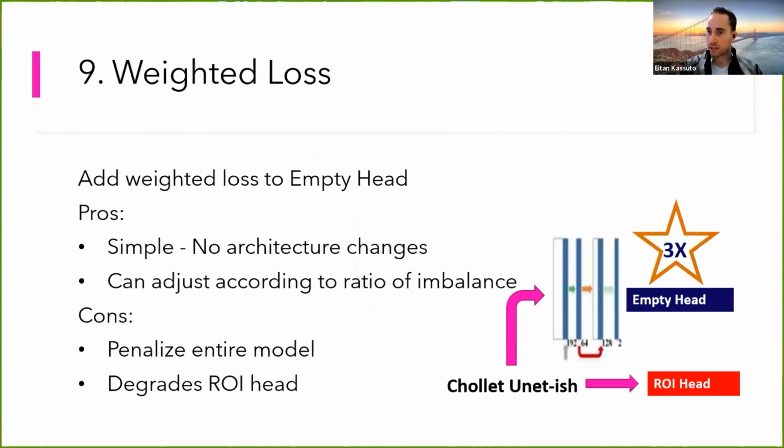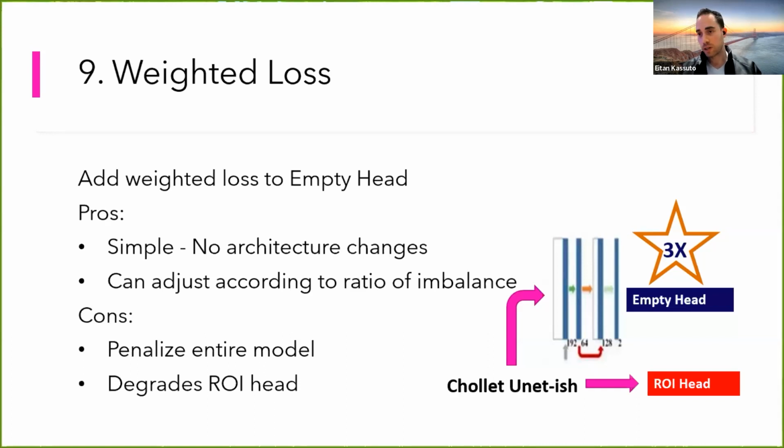So we went back to the data. And as I mentioned before, we have an imbalanced data set. So we thought a weighted loss would be a good solution for this. It's simple, no architectural changes, and it's configurable. The way that we did this was simply to understand what the ratio of imbalance is.